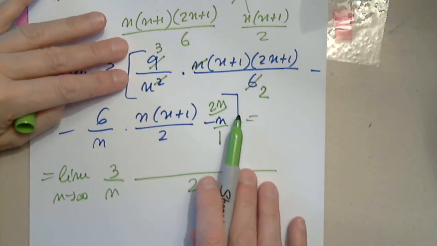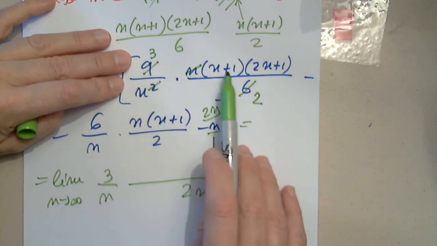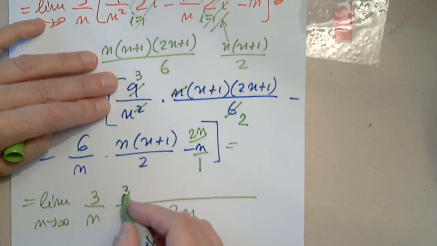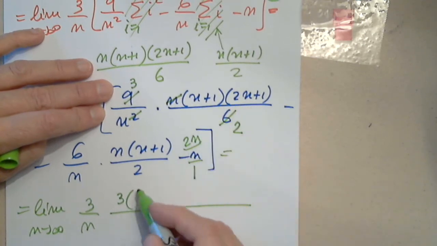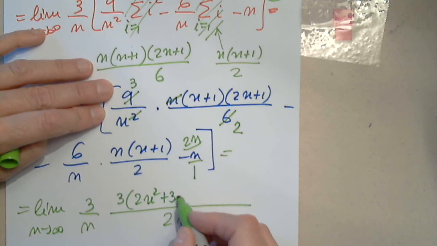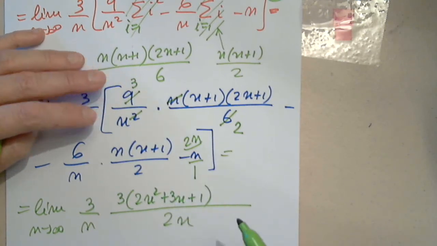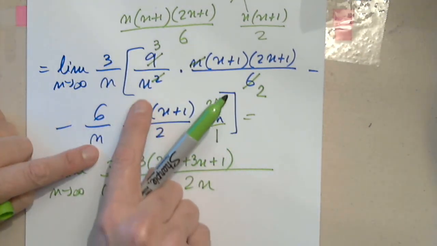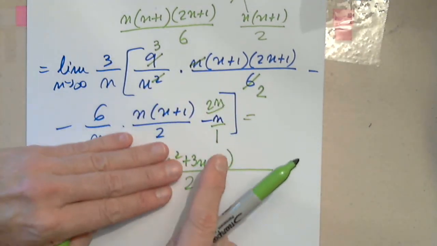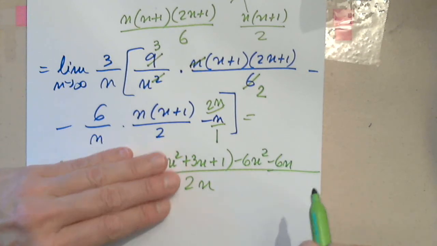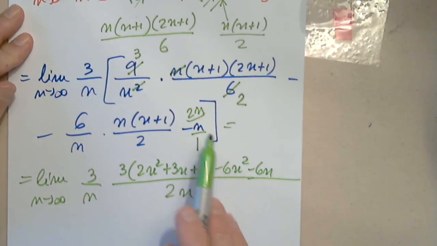So let's see what we have. I have to distribute 3 to these two, but I have to multiply them first. So I have 3 times 2n squared plus 2n plus n is plus 3n and plus 1. Then there is no need to simplify here because you need the least common denominator to be 2n. So minus 6n squared minus 6n, and of course minus 2n squared.